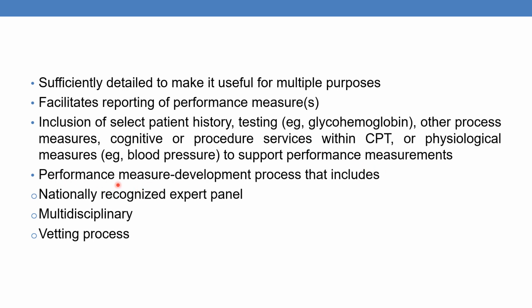The next is performance measure development process. The performance measure development process that includes nationally recognized expert panel, multidisciplinary and vetting process. So these are the criteria for category 2 codes.